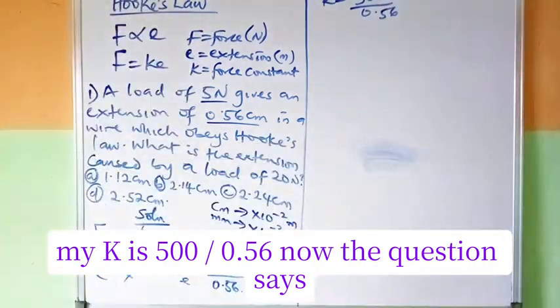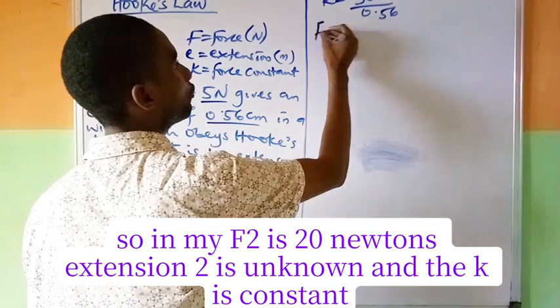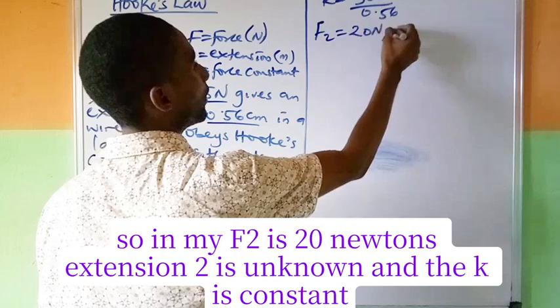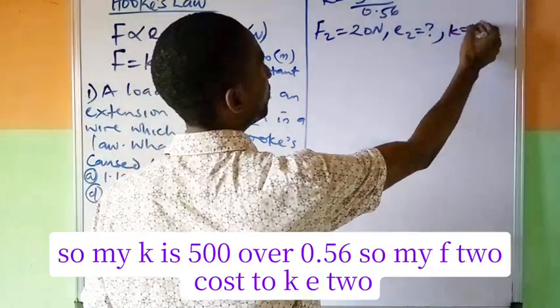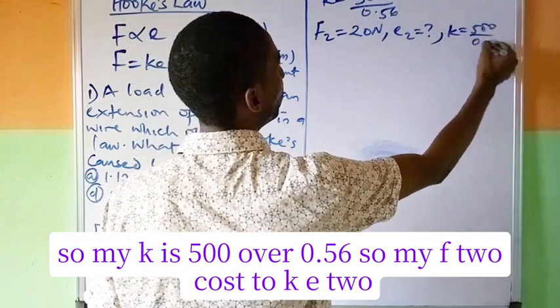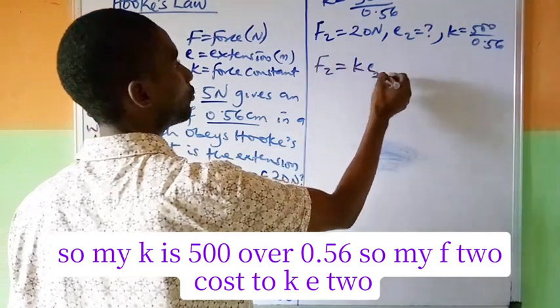Now the question says, what is the extension caused by a load of 20 newtons? So F2 is 20 newtons, extension 2 is unknown, and K is constant: 500 over 0.56. So F2 equals K E2.